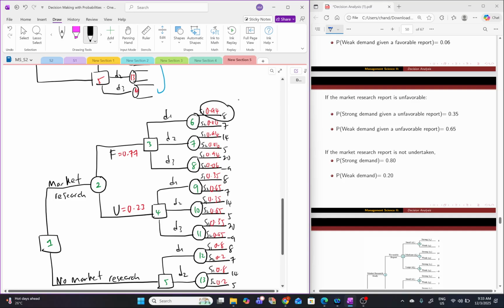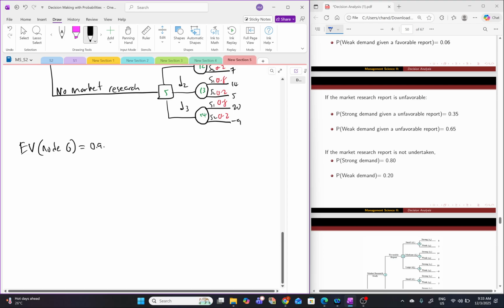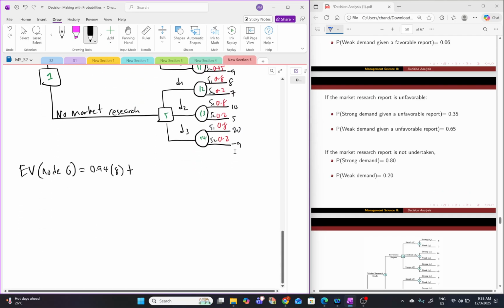Sama juga, 0.94 multiply with 8, plus 0.06 multiply with 7. You akan dapat 7.94. Boleh faham tak ni?